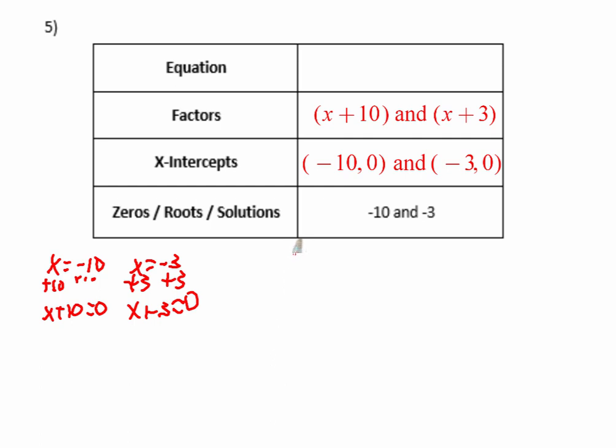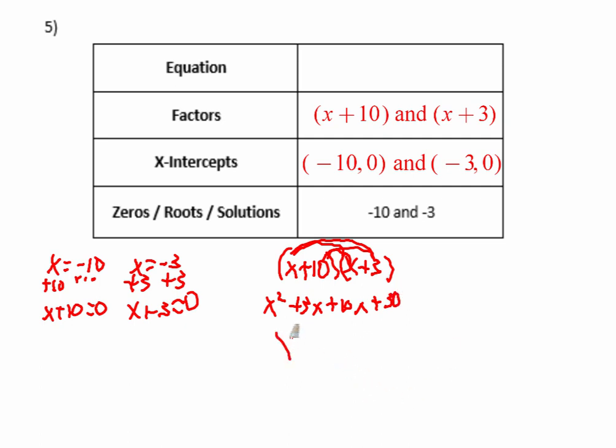To find my equation, take those two factors, x plus 10, x plus 3, and we're going to multiply them together. So x times x, x squared. x times 3, plus 3x. 10 times x, plus 10x. 10 times 3, plus 30.